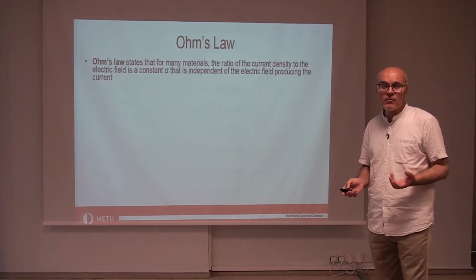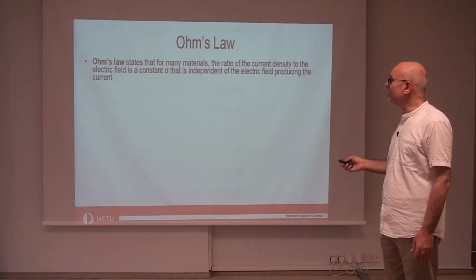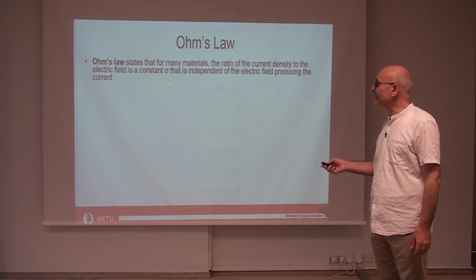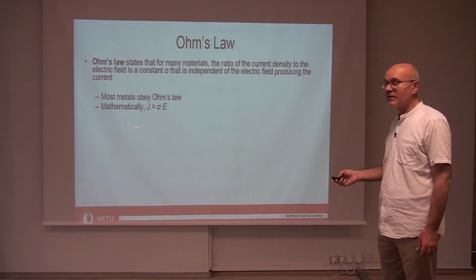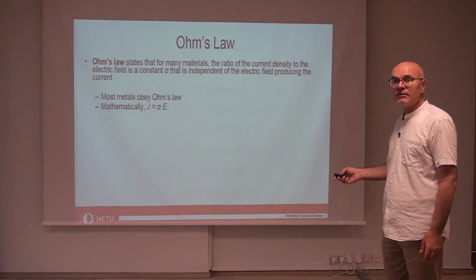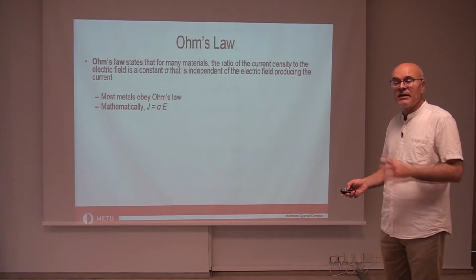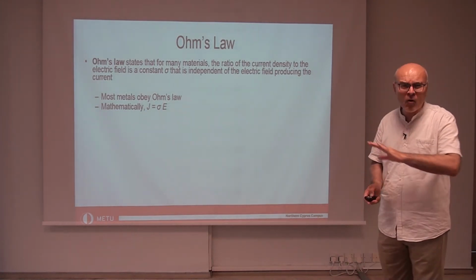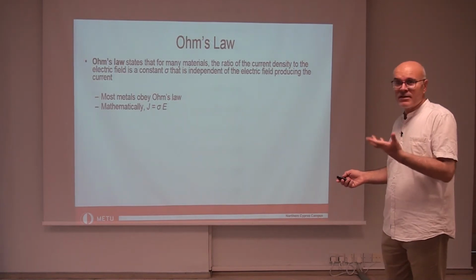So Ohm's law says that for some materials, the ratio of the current density to the electric field is a constant sigma, independent of the electric field producing the current. So Ohm's law says that J and E are directly proportional, and the proportionality constant in this case is sigma. This is a relation applying to some materials, including almost all conductors. So this is Ohm's law.